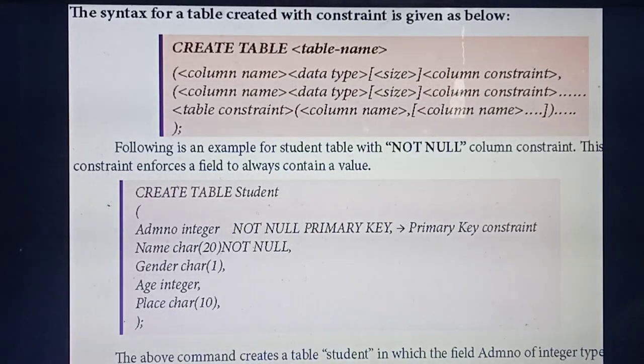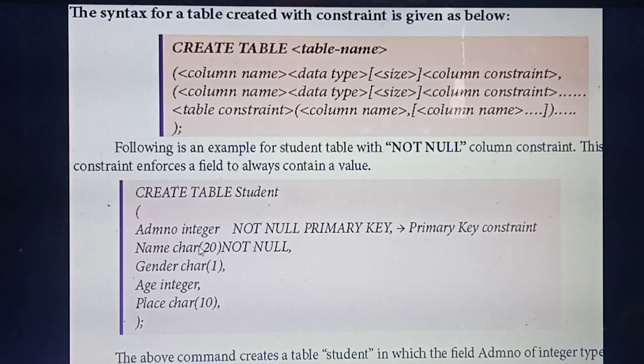Here they are giving admission number. If you unknowingly do not enter the admission number, can you find the admission number for the student? No, that field is a must. All the students will have separate admission numbers, isn't it? So the admission number field is a must, so you are giving a not null constraint for the field admission number.